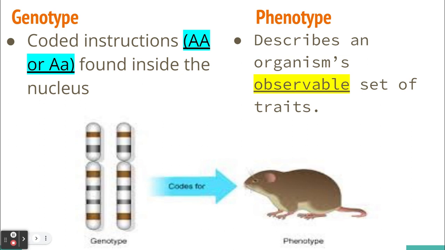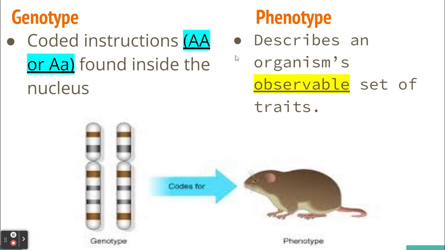A capital letter and a lowercase letter. Again, the capital letter is dominant. The lowercase is recessive. So we're going to see whatever trait that the capital letter shows us. And then if we had two lowercase letters, then we'd see whatever trait the two lowercase letters represents.